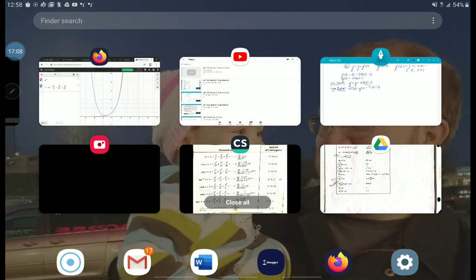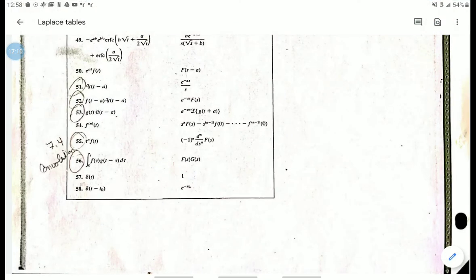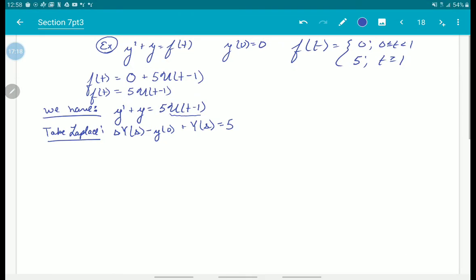And just going back to our formula sheet, that's going to be e to the negative 1s over s. Now, y(0) is 0, so that's just going to go away.